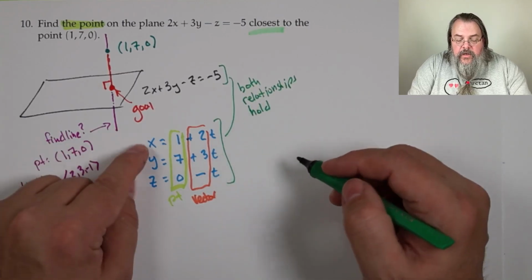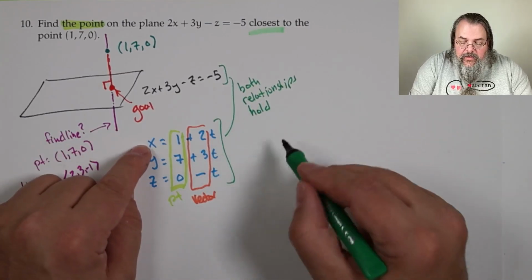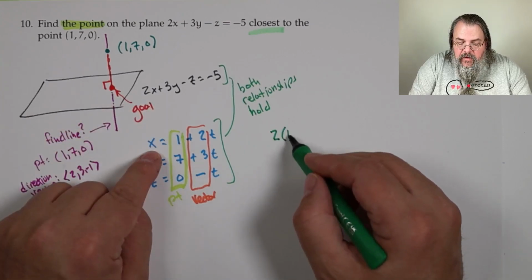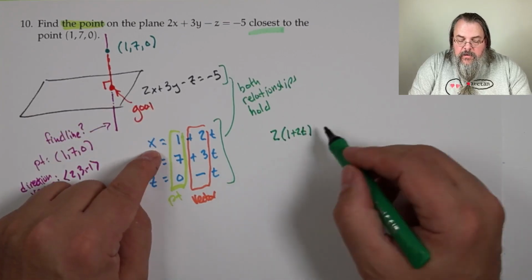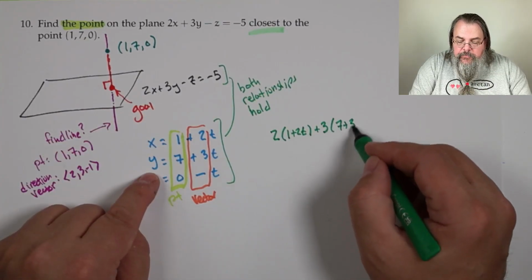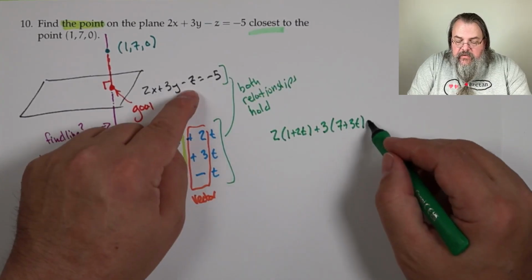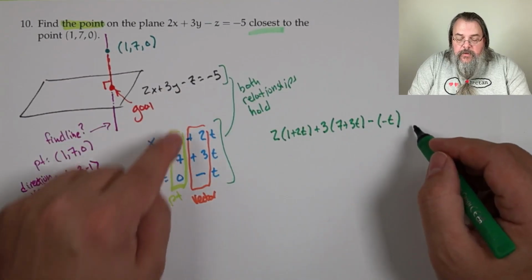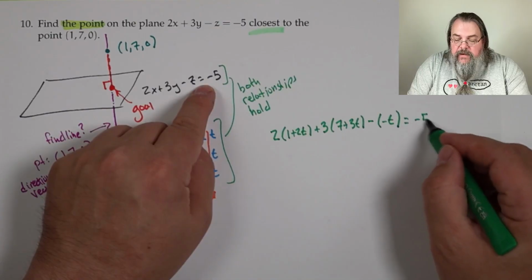So this is the great aha. What we're going to do is plug in. We're going to take 2 times x plus 3 times y minus z, and we're going to say that equals -5.